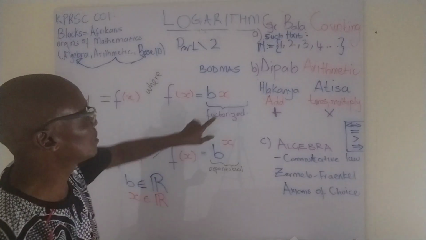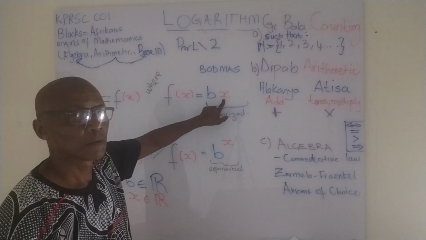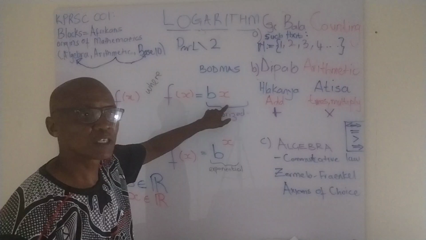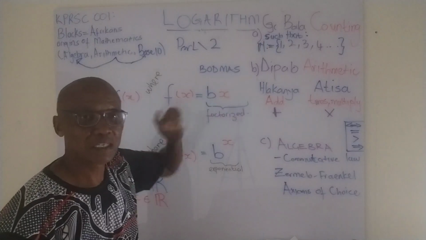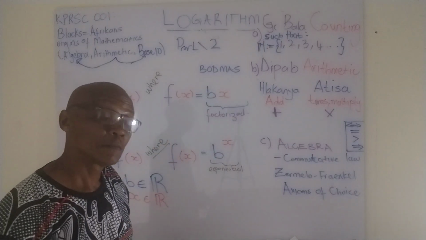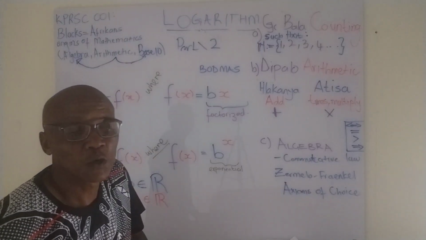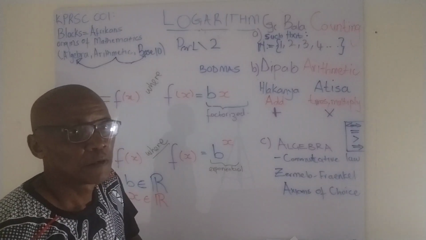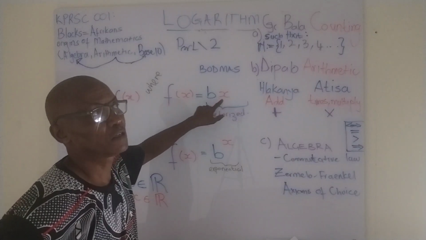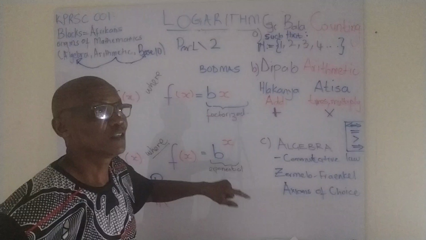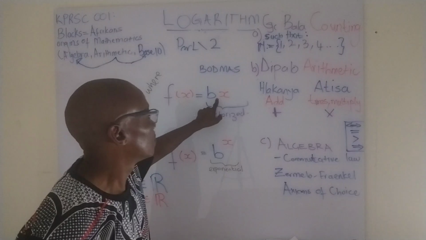Because there are two symbols, it's not like 21, or 2 and 1, which can be read as 21. It's two symbols, meaning they are multiplying each other. If this is 3 and this is 4, you will think that it's 34. No, it's literally 3 times 4, if you don't see the symbol.